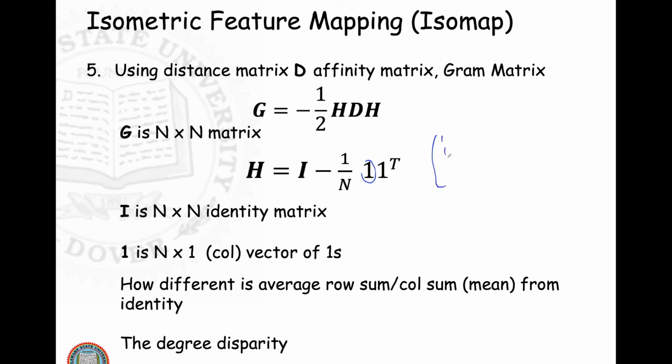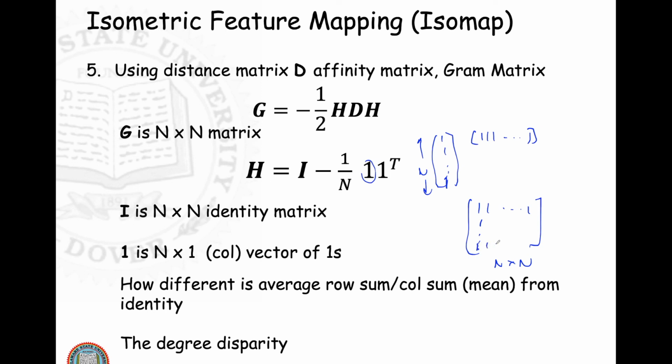So this is just 1, 1, 1, 1, 1, n many times. And we're going to take the outer product of this with itself. So that's times the row vector 1, 1, 1, 1, 1. And the result of that outer product is an n by n matrix. So it's n by n, and it has all ones in every row and every column.